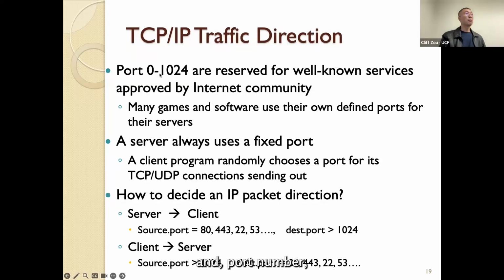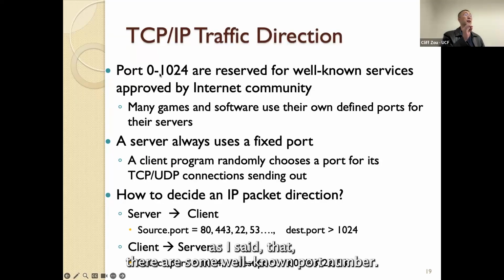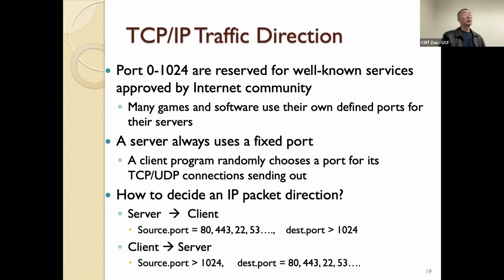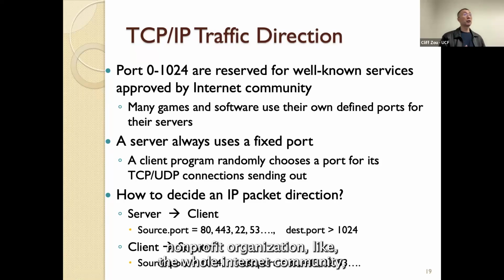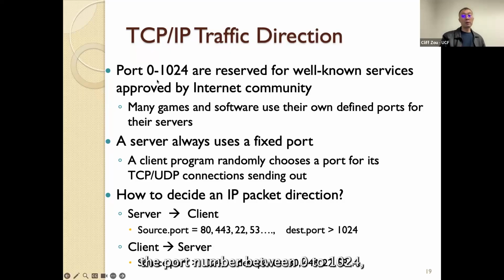And port numbers, as I said, there are some well-known port numbers. The internet nonprofit organization, the whole internet community, says the port numbers between 0 and 1024 cannot be randomly used. They are all reserved for well-known services, like email, the web, and secure remote connection.